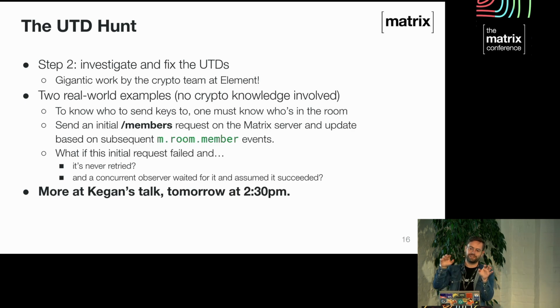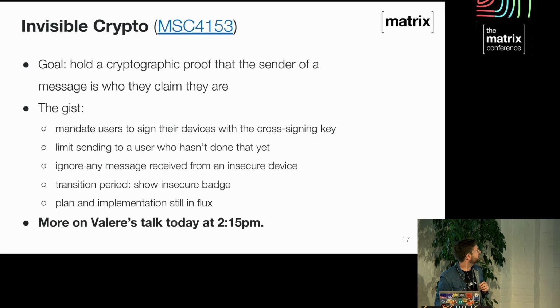So if you had the second observer waiting for the first request to finish, and the first request was, for instance, aborted because we didn't care anymore about the /members request, the second observer would assume that it succeeded, and that's wrong, and that leads to the same problem of the room list being out of sync. Now you're not sending the room keys to people in the room, leading to UTDs. If you're interested in this UTD hunt, you can go to Keegan's talk tomorrow at 2:30 p.m. I think he's going to give some interesting stories back from the trenches as well.